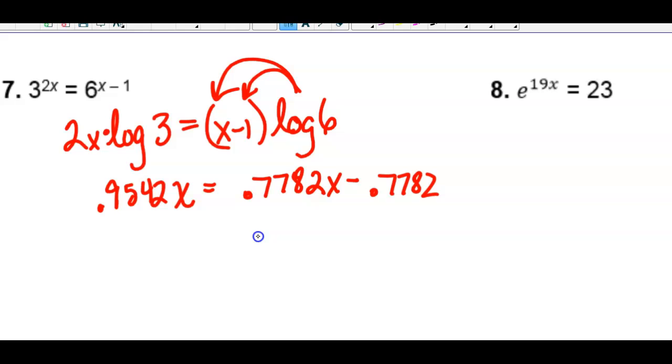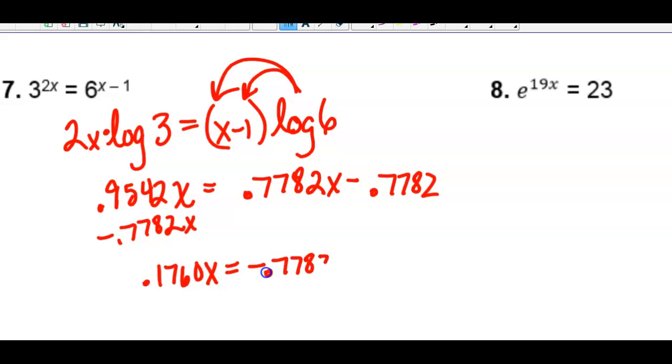There's not really a nice way to do this, okay? And then if you subtract 0.7782x from 0.9542x, you get 0.1760x equals negative this guy, and then we have to divide. I got negative 4.4216.